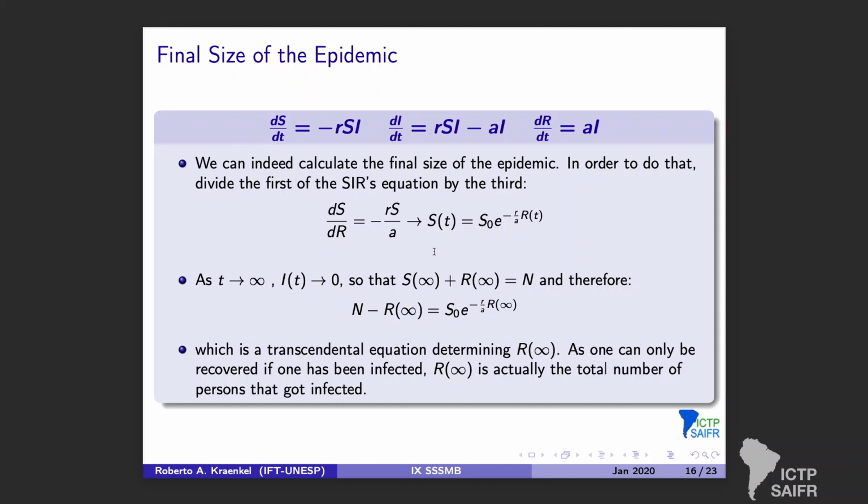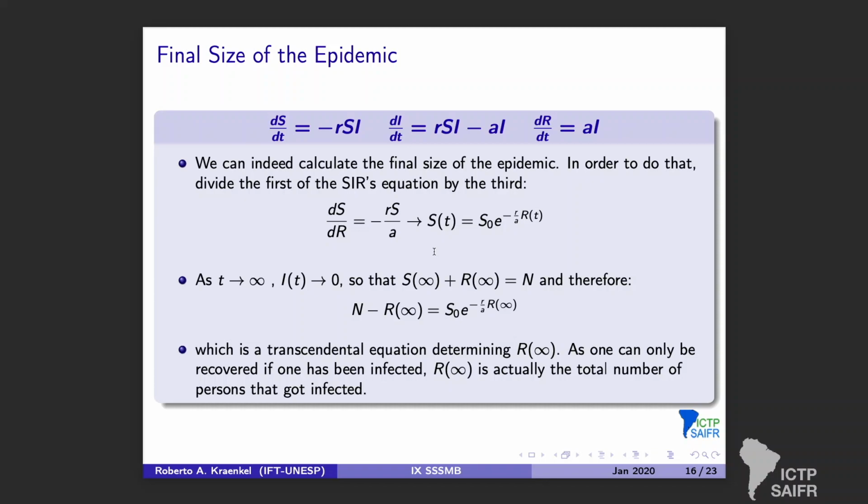So R infinity against the basic reproductive number is something that, well, here you have to have 1, and this goes up to n. So I will better plot R over n, which gives you the maximum proportion is 1. So this increases with R, and it has this kind of plot.